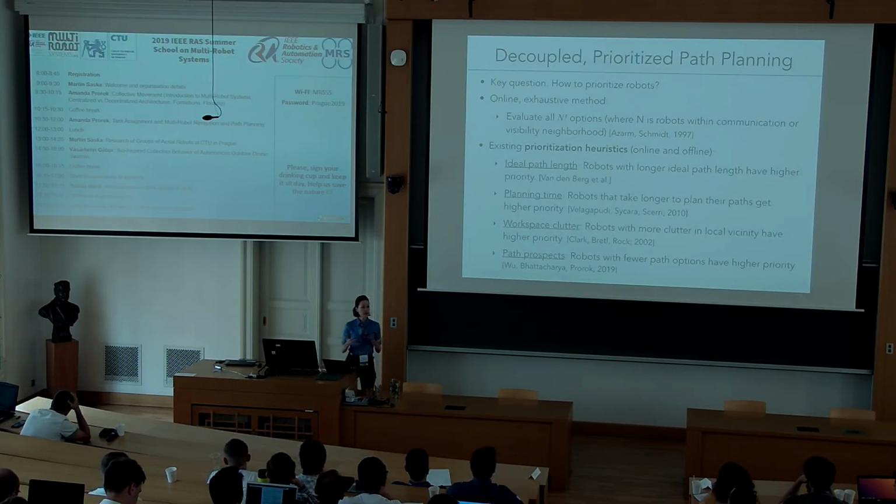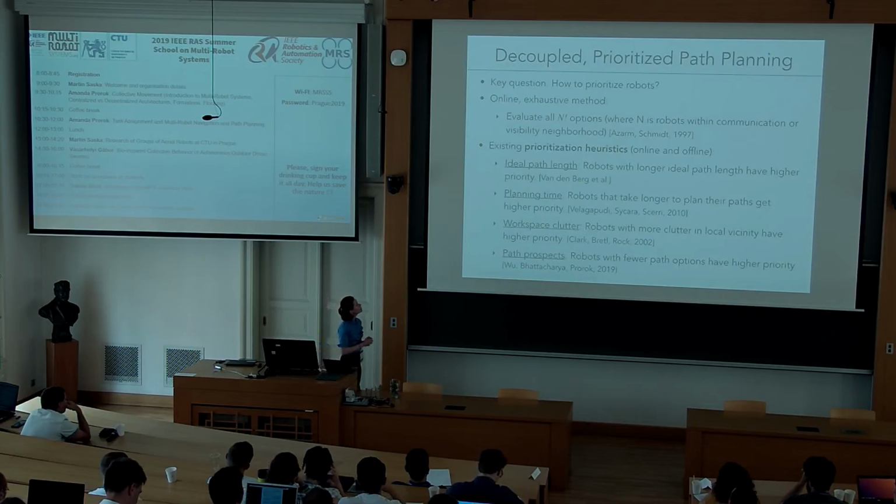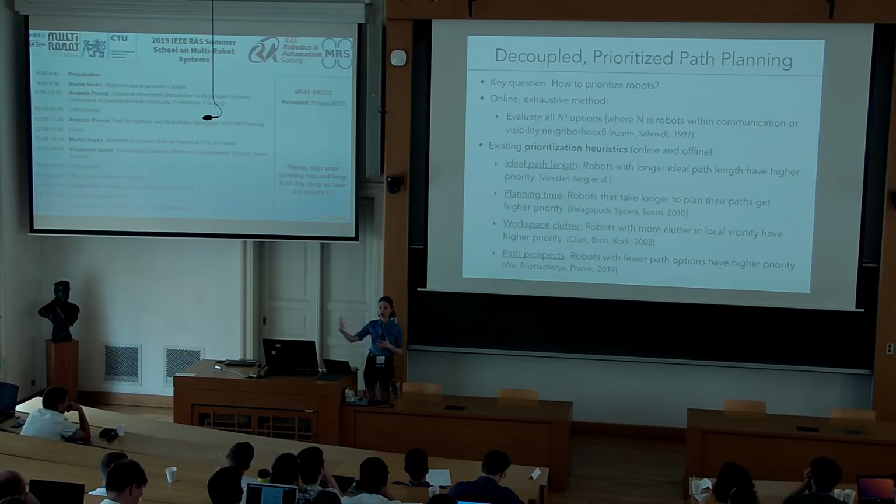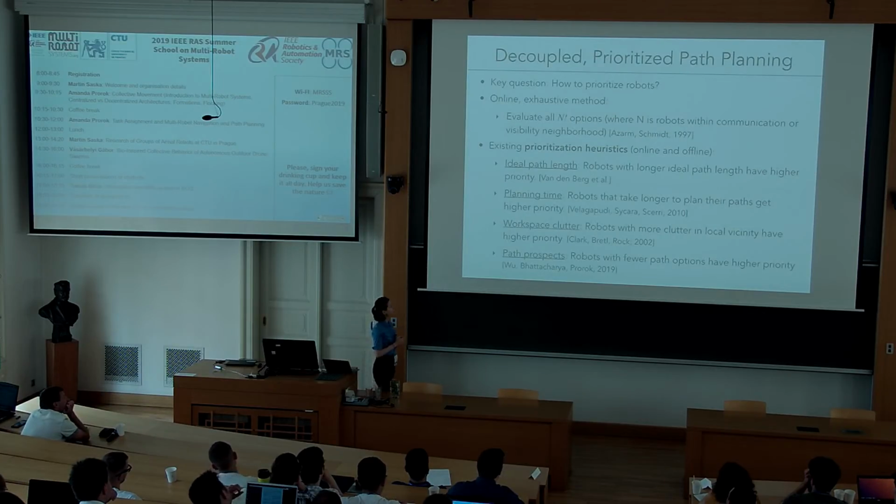Because of this, a number of different prioritization heuristics have been proposed, and they all optimize a slightly different objective. So we can think of ideal path length. Maybe robots that have a very long path ahead of them should be prioritized because they should go first so that all the robots achieve a more or less reasonable time to get to their end goals. Or you could consider planning time.